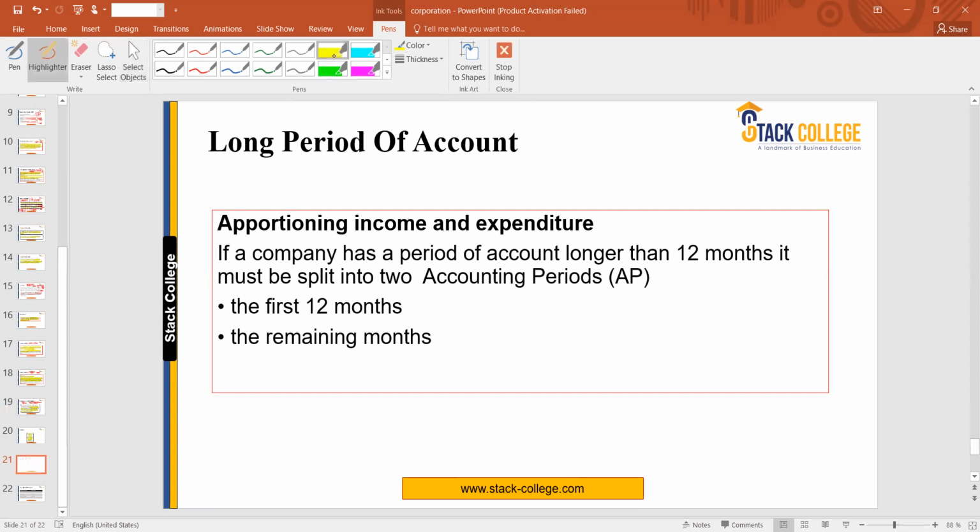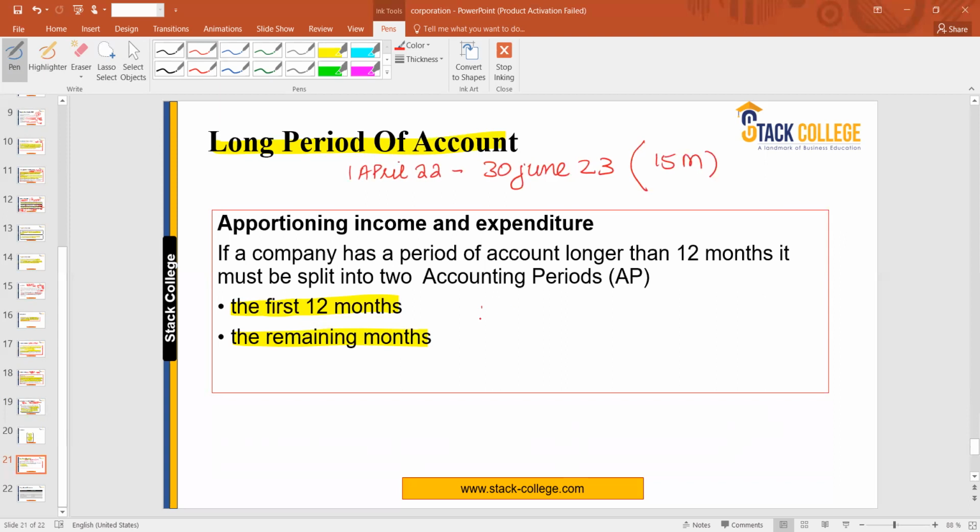Now, if we have a long period of account, what we need to do? We have to split this long period of account into two periods, first 12 months and then the remaining months. So suppose my accounting reference date started from 1st April 22 to 30th June 23, and it's of 15 months.